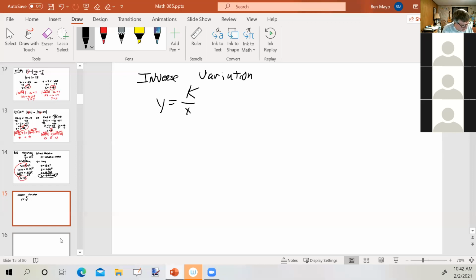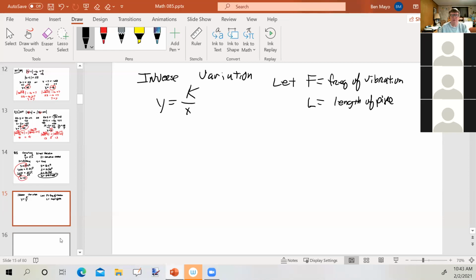We've got the frequency of vibration. So how about if we let F equal frequency of vibration, okay? And it says it varies inversely to the length of the pipe. L will be the length of pipe, okay?